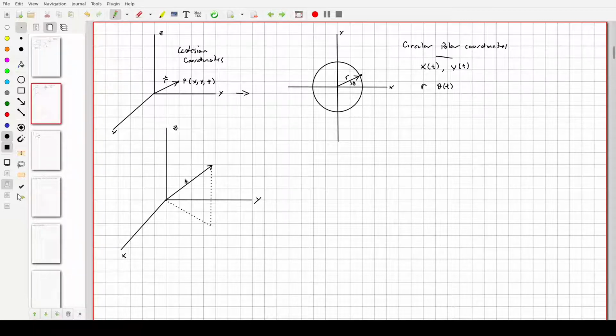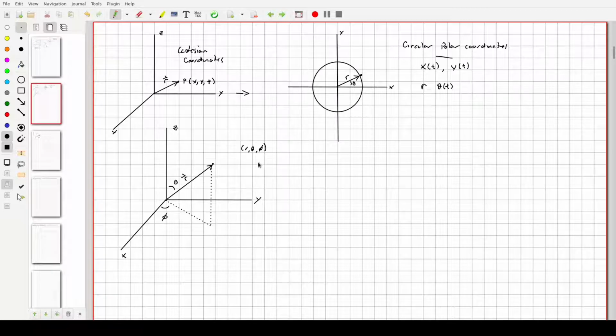And so this might be the vector that locates this thing's position in space, but the coordinates would be theta, phi, and r. Okay, so here r, theta, and phi would be how you would locate it.